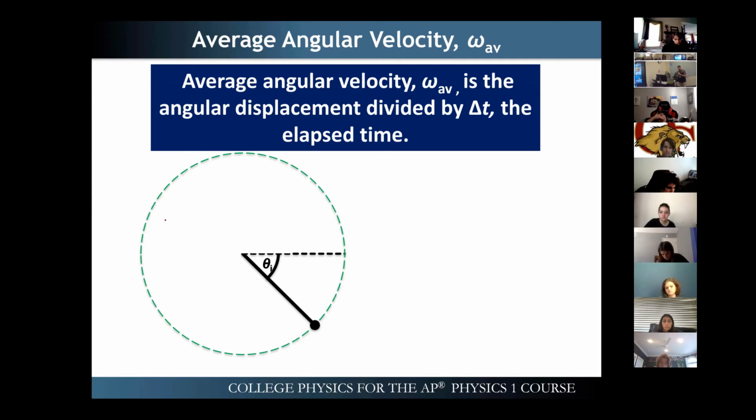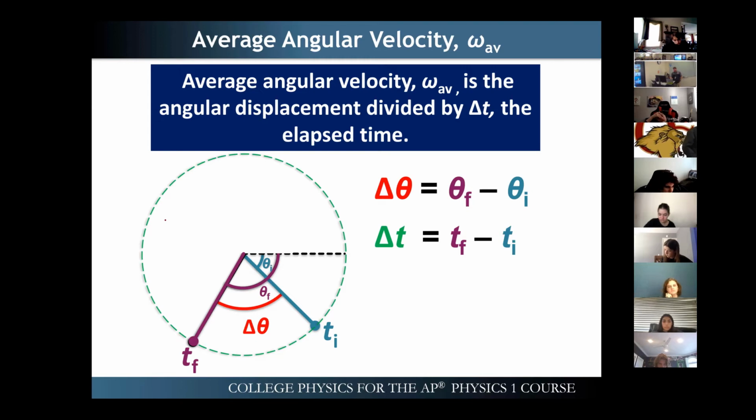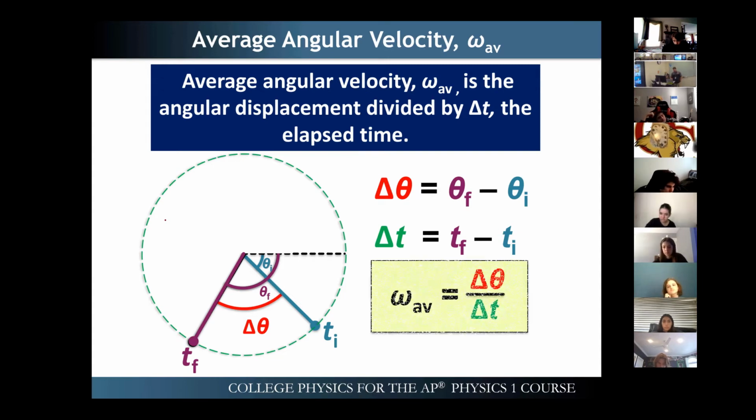So if we are going to follow the same pattern, we need to just think about, well, as it's moving from position 1 to position 2, it has an initial and a final angle, and it has an initial and a final time. So to find the velocity, we just need to take the final position and its angle, minus the initial position and its angle, final time minus initial time, and our omega will just be change in position over change in time.